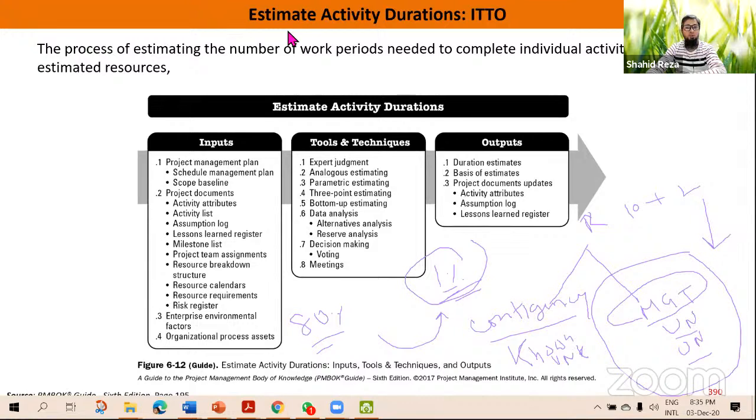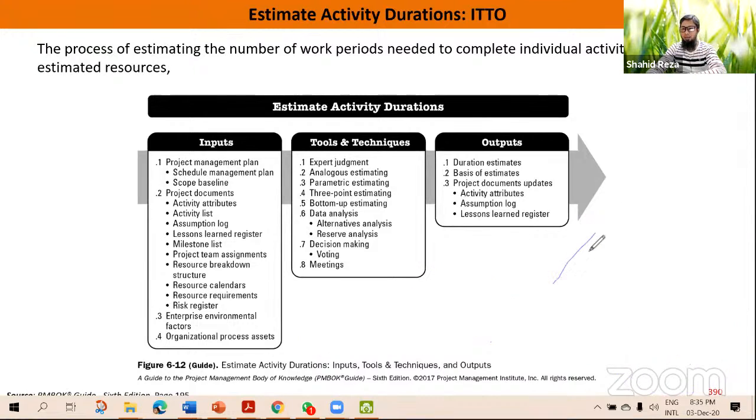So this is the main difference between contingency reserve and management reserve. Another important thing is the project manager, PM, has the discretion to use contingency reserve. But the PM does not have any discretion to use the management reserve because it is in the hands of the sponsor or top management.